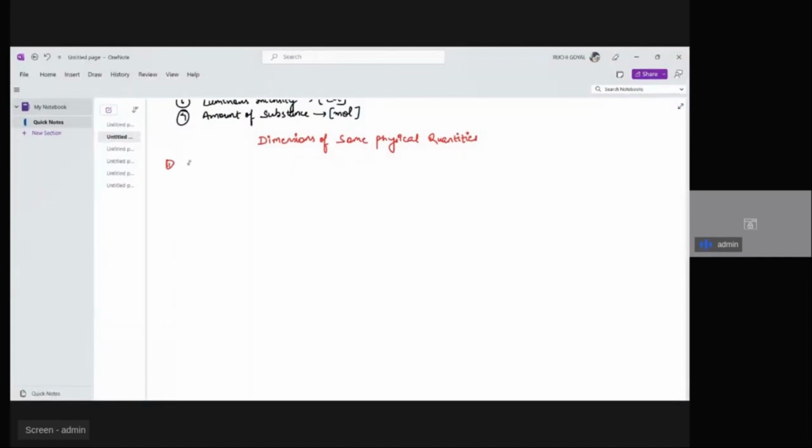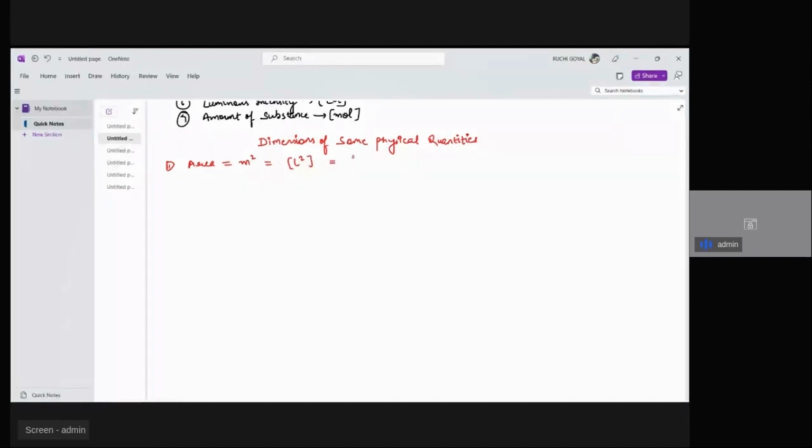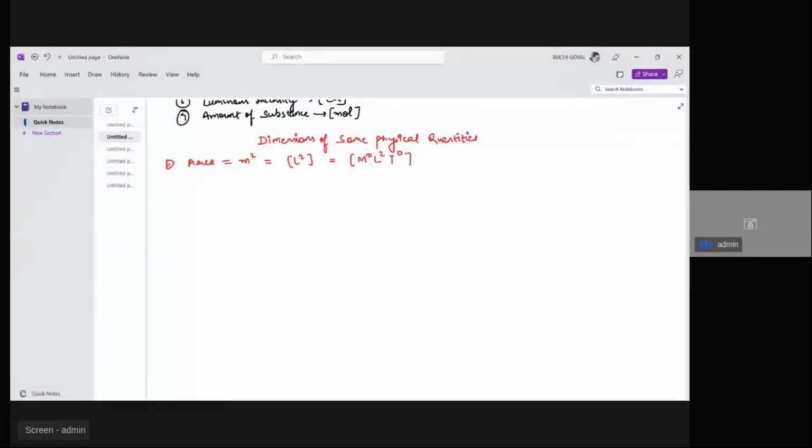Firstly, we can take area. Area is meter square, so that is L square, as meter is expressed in length. L2 is the dimension of area, or we can write it in the form of M0 L2 T0, right?